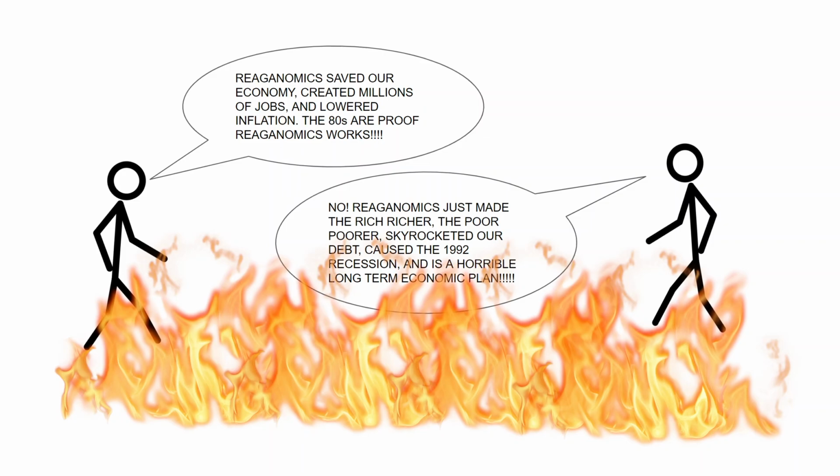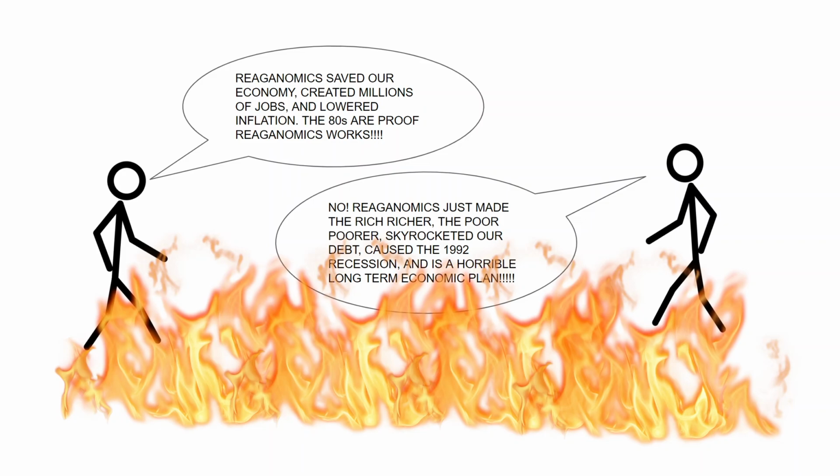Conservatives who support Reaganomics say that it saved our economy, created millions of jobs, and lowered unemployment and inflation, and that the 80s, aka the years that Reagan was president, are proof that Reaganomics worked. However, liberals and progressives who oppose Reaganomics say that Reaganomics simply made the rich richer, the poor poorer, it skyrocketed our debt and deficit, and it was the cause of the 1992 recession, which was really bad.